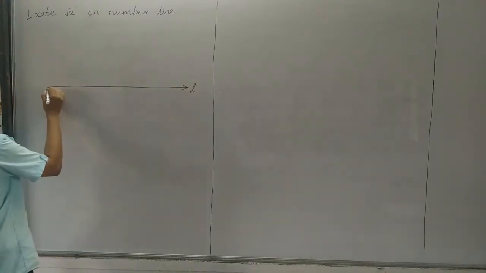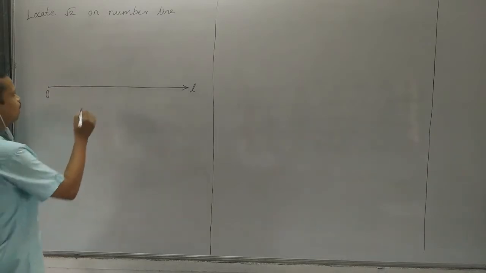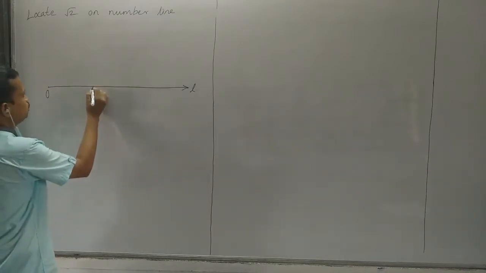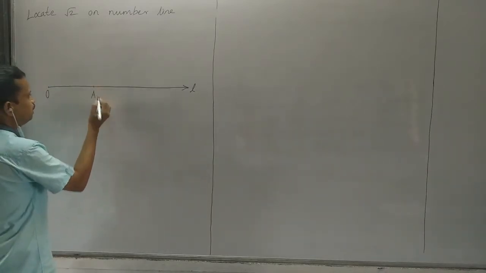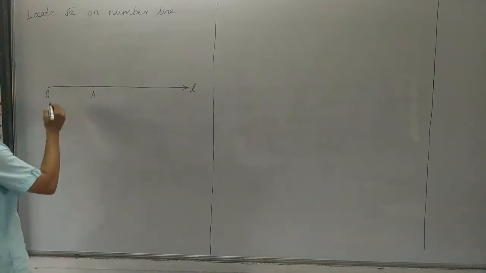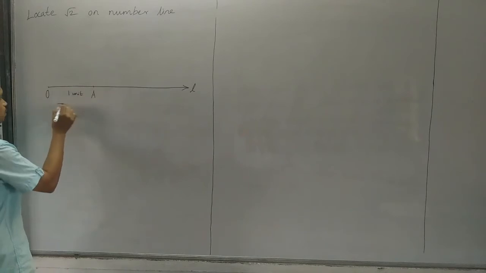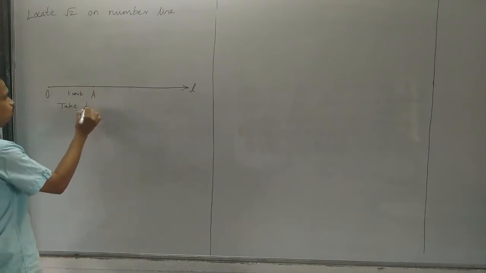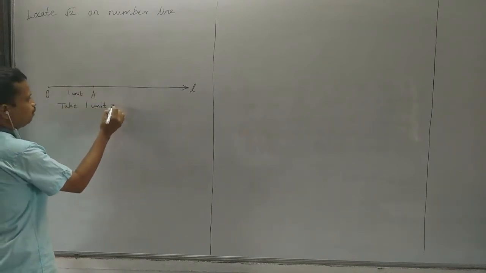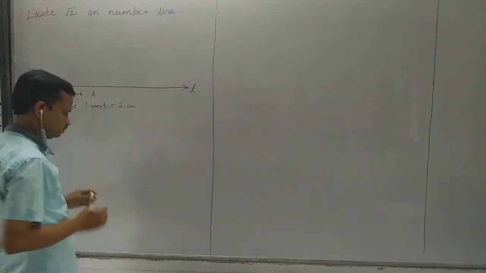And this point you mark as O, and you take this point as A. This is 1 unit. You take 1 unit as 2 centimeter measure.